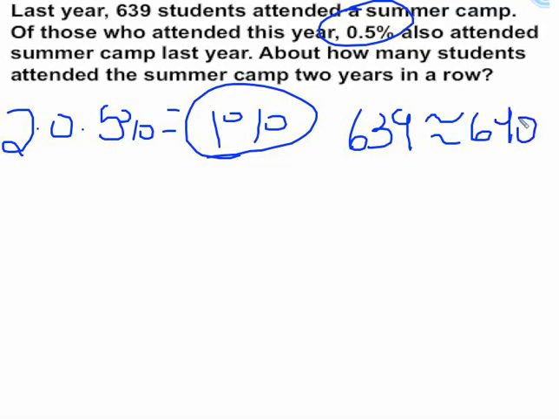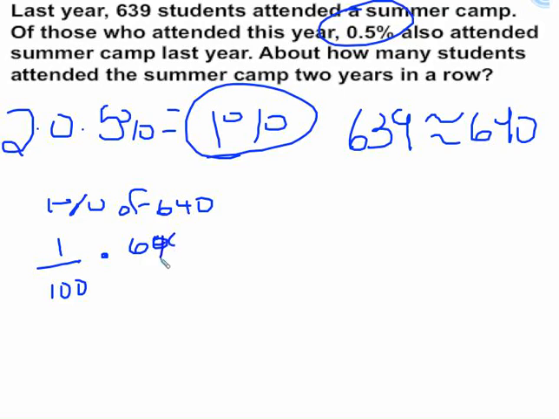So let's start estimating. 1% of 640. It's going to be 1 out of 100 multiplied by 640. So that's going to be 640 over 100.